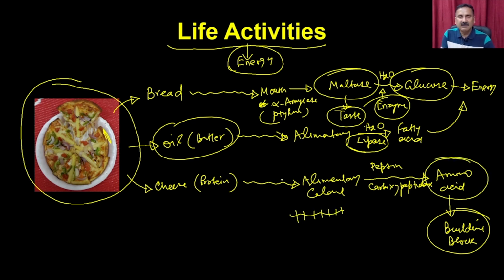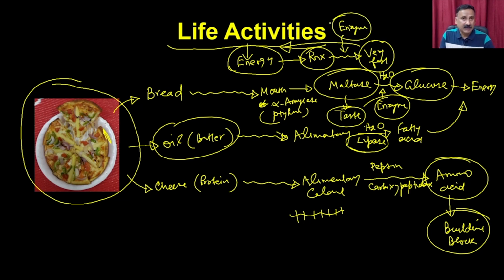So, what you see here is that life activities depend on energy, and energy production depends on different types of catalyzed reactions, right. All these reactions have to be very fast if we want to produce energy at a very fast rate, and that is where we utilize the enzyme, the biological catalyst.